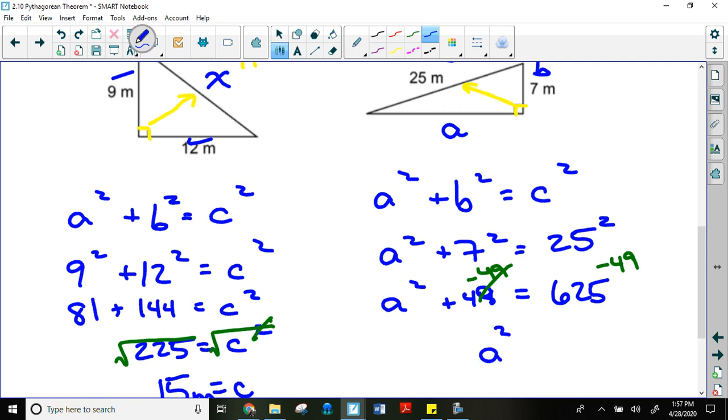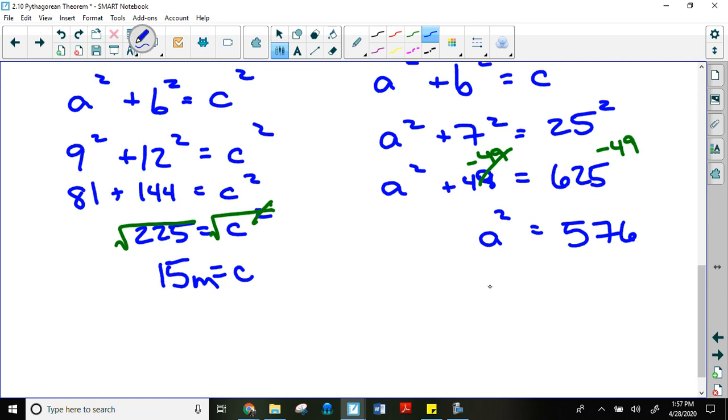a squared equals 625 minus 49, which is 576. And we are going to take the square root of 576 to get that a by itself. Oh, that does work out nicely.